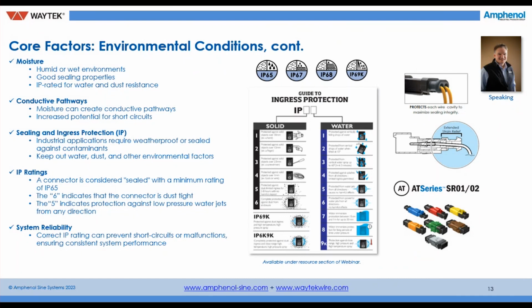What is that environment? Is it humid or wet environments? What are good sealing properties to have in a connector? When we think about IP rating, we think about water and dust, but there's so much more to consider. Some of our connectors, we're going to introduce a UV variant. As I mentioned before, a UV Xenon arc test could be introduced to that connector for hundreds, if not thousands, of hours.